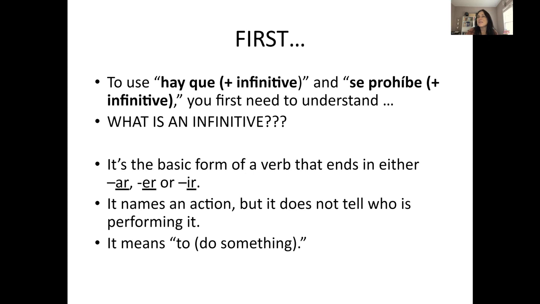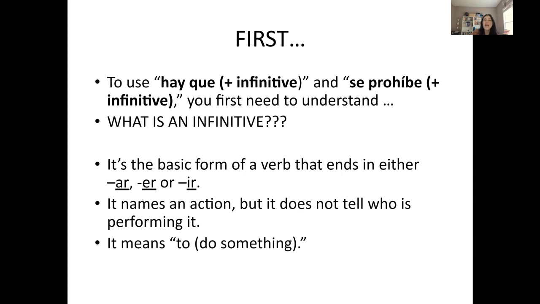And it's in the sense of something in general, people in general. It's not specifically a person. Whereas when you use, as we did for review of Spanish 1, the verb tener, tengo que estudiar español, that's a specific person. I have to study Spanish.